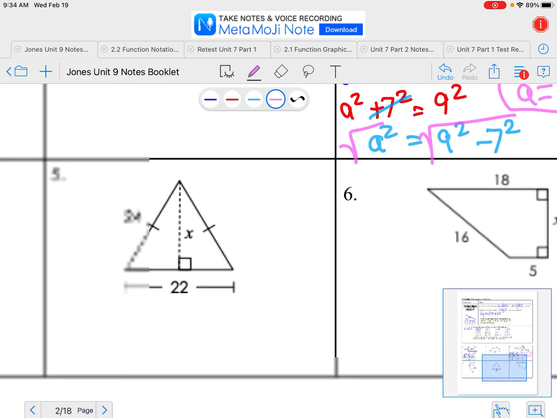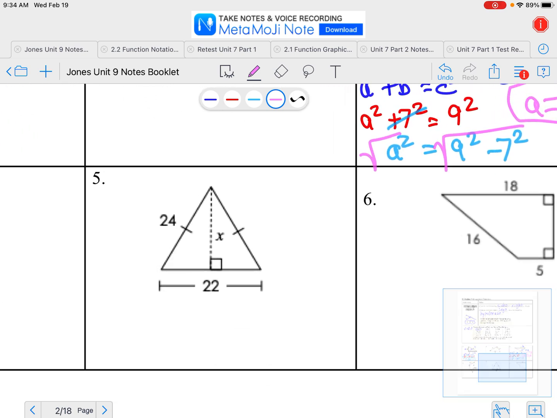Look at number 5. This is an isosceles triangle because these two sides are marked congruent. On an isosceles triangle, when you drop the altitude at a right angle to the other side, it bisects it. So that makes this 11 and this 11.